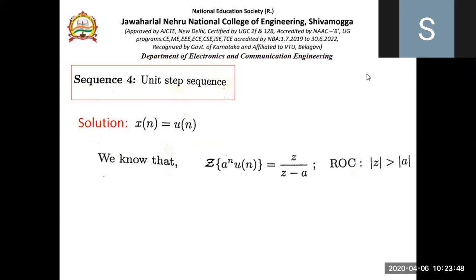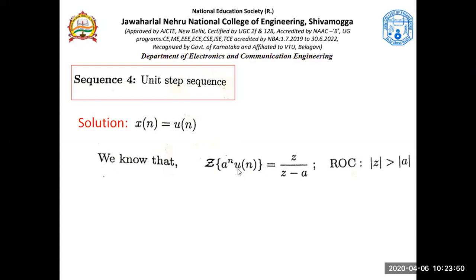Everybody is okay with that? When this a is 1, substitute a equal to 1 here, so it becomes 1 power n. 1 power anything is 1. So this whole stuff becomes u of n. So when a becomes 1 here, this a should also become 1 in the ROC.